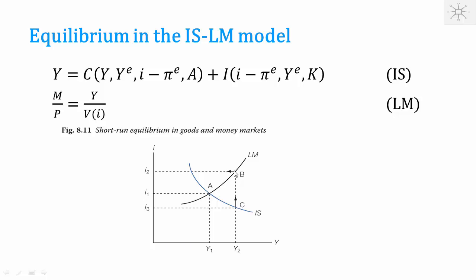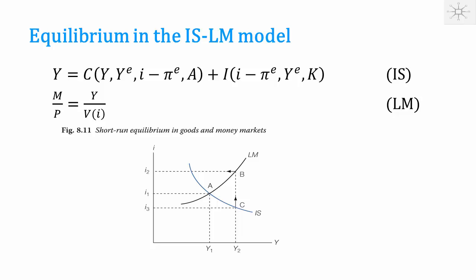But what about the product market? Well, we have a level of production Y2 which is far above the level of production given by the IS curve. And remember that the IS curve gives the equilibrium level of production for a given interest rate. So with this high level of production, it must be that production is above the level of demand.